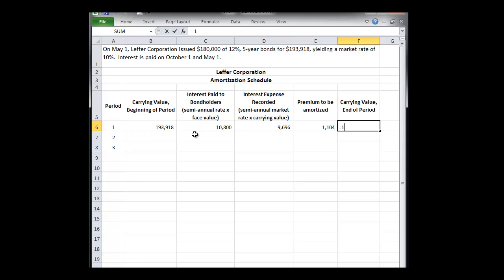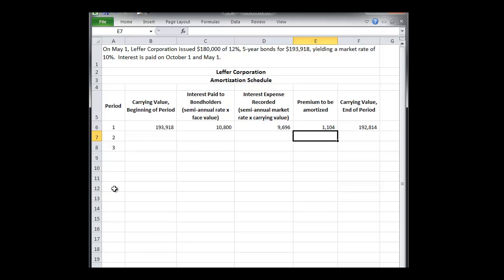So we take the beginning carrying value and we're going to subtract the premium to be amortized for that period of 1,104, and we arrive at 192,814. Now I know some of you may be thinking that I could just make formulas with these, and I do know that, but I'm typing in the numbers to emphasize where these numbers are coming from.